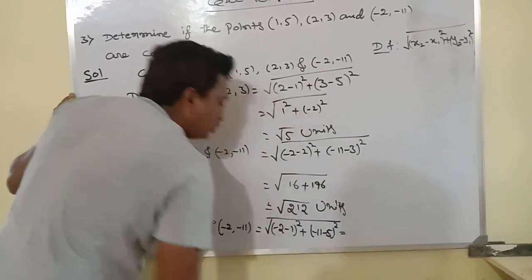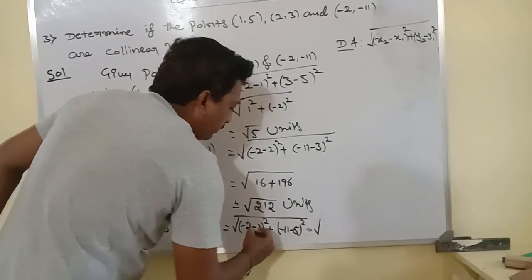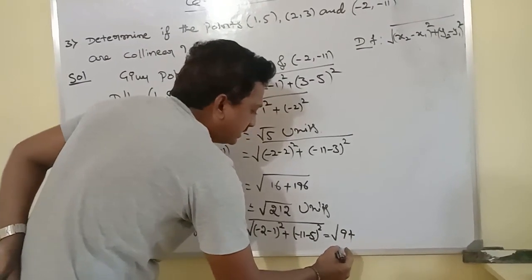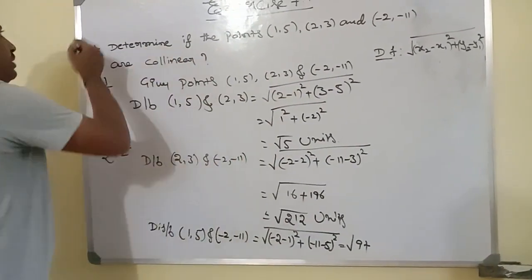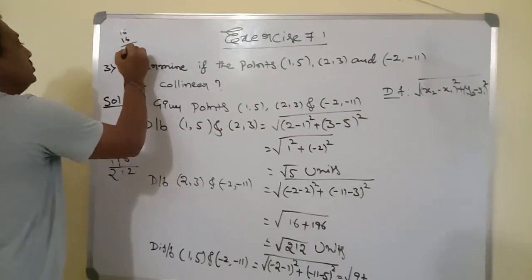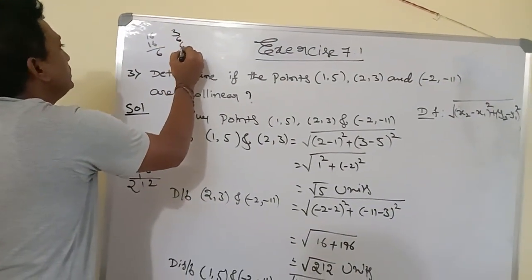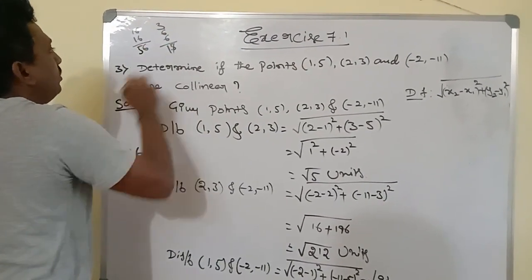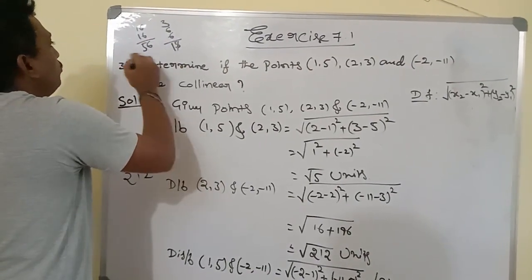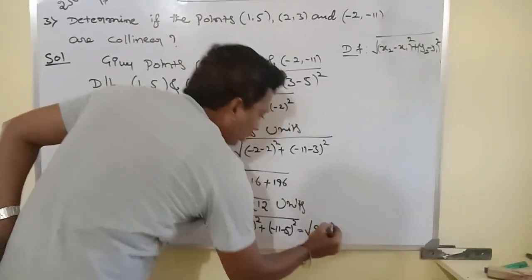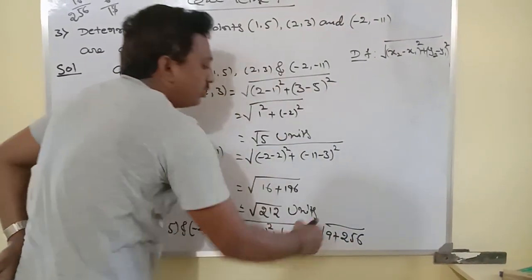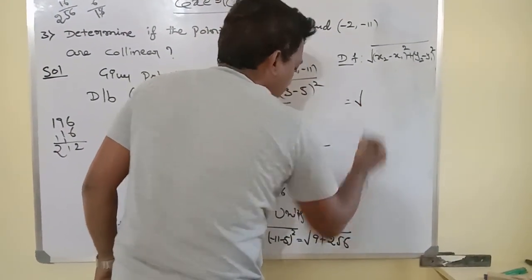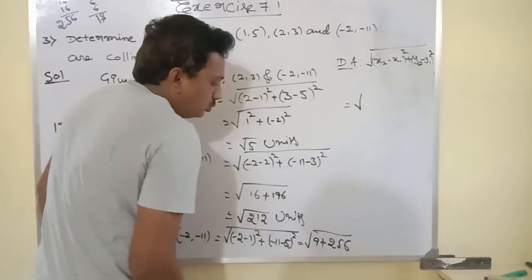That is (-3) whole square, which is 9, plus (-16) whole square, which is 256. So 9 plus 256 is 265.